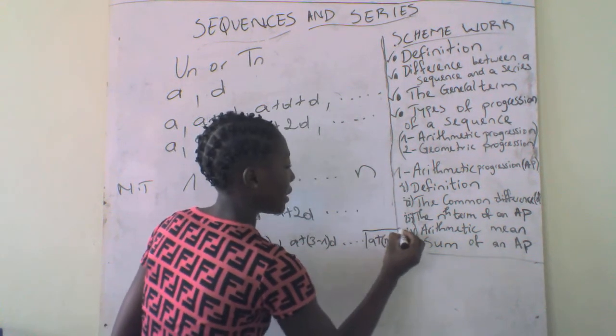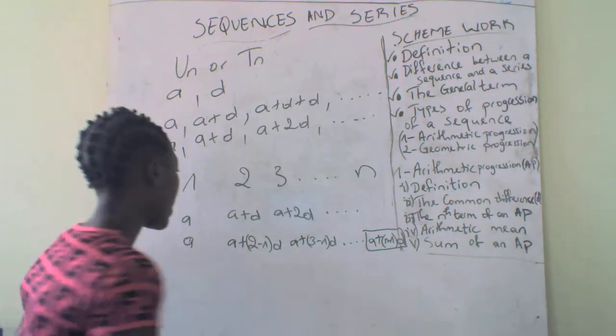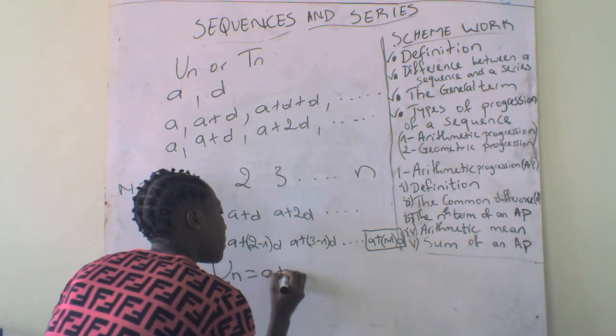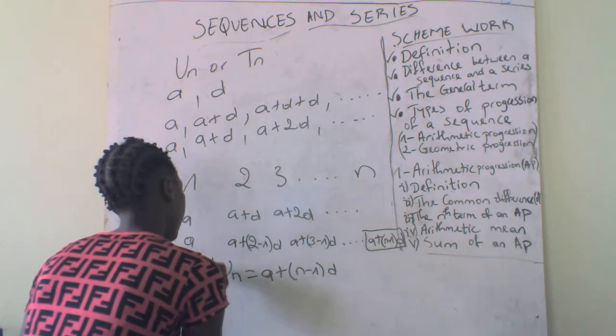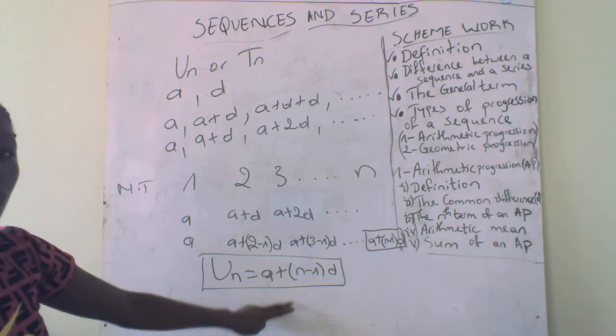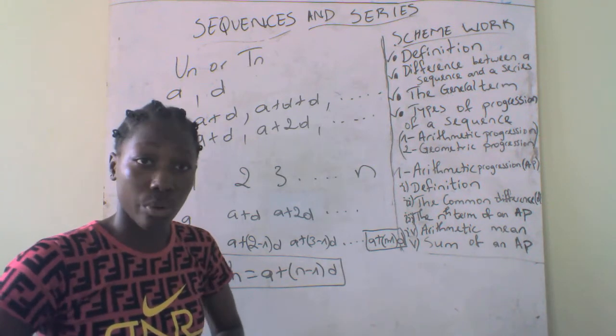And this is said to be our nth term. Therefore, our Un will be equal to A plus (n minus 1)D. From this expression, you can get any term of an arithmetic progression.